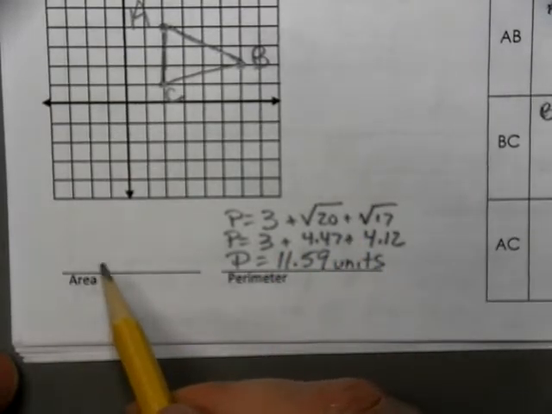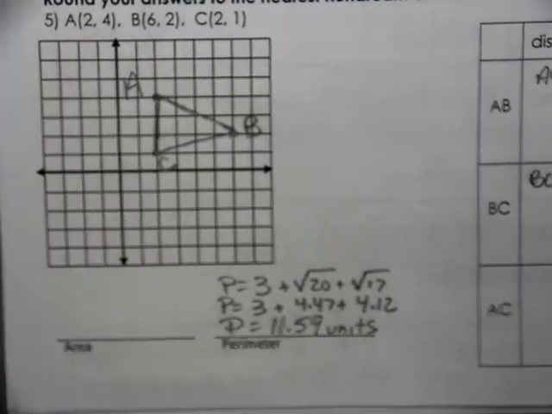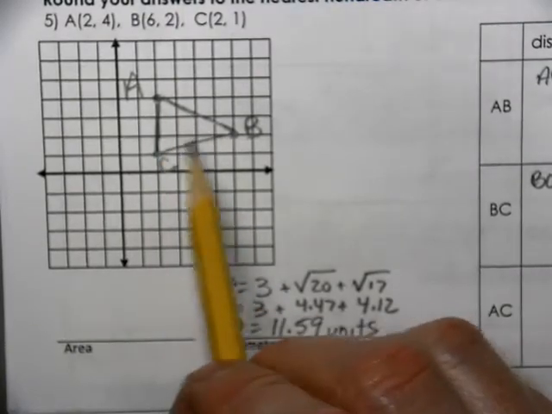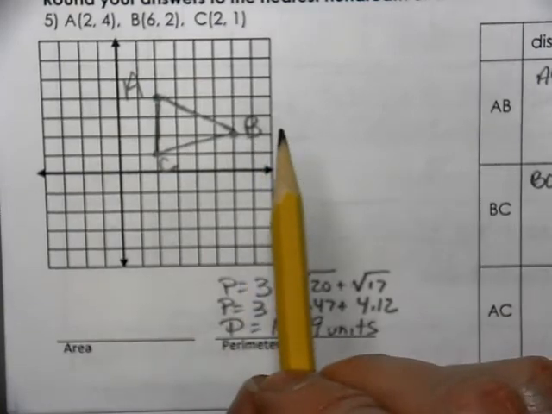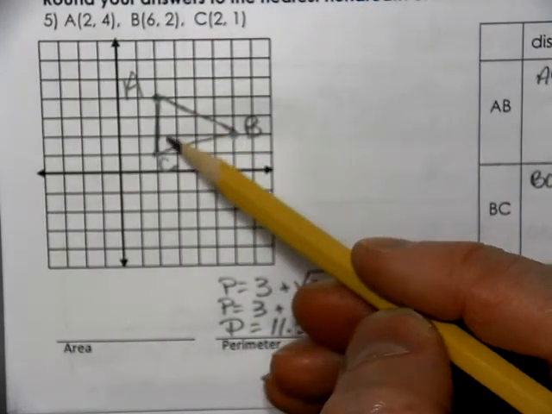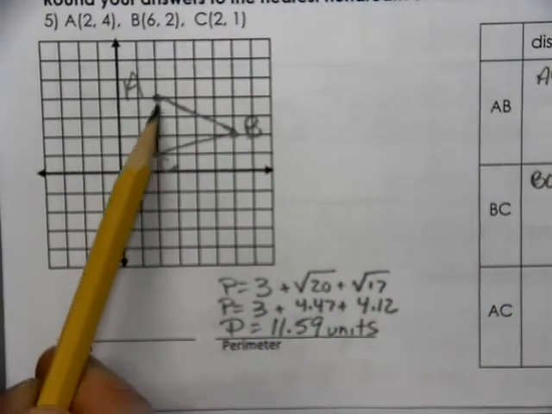The area. For the area, we have to know base times height. Well, when we look at this shape, we're looking for any right angles. All the vertices, neither of those are right angles. So are there any sides that you could easily calculate? You could figure out perpendicular that way. It's possible. Perpendicular this way.